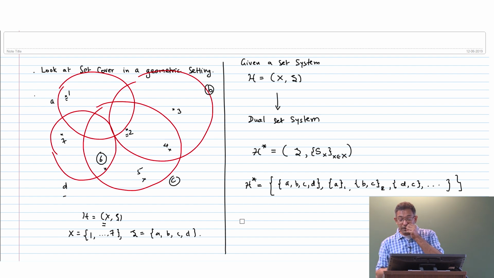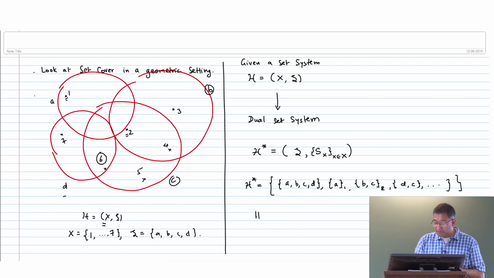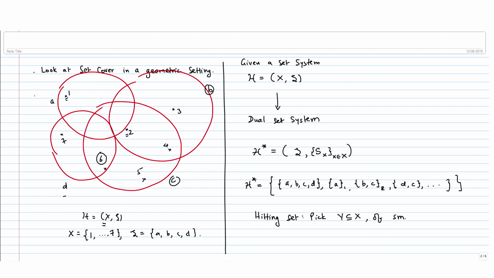Now I can define what is called the hitting set problem. Pick Y subset of X of smallest size such that for every S in the set system, Y intersection S is non-empty, which means that you again look at the primal set system.